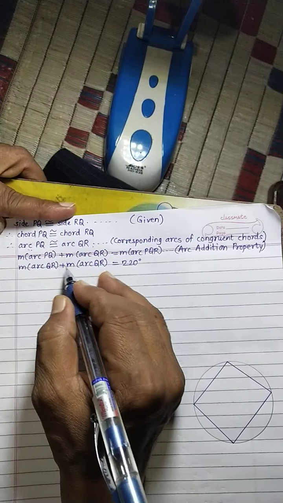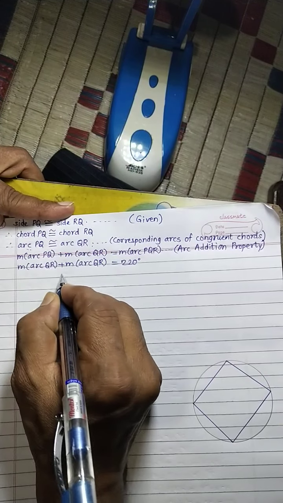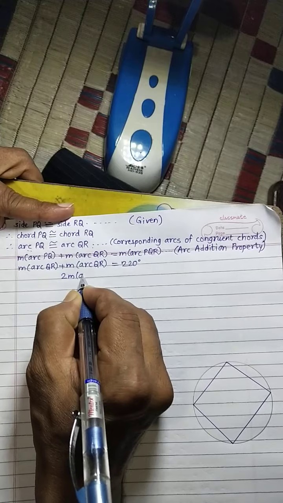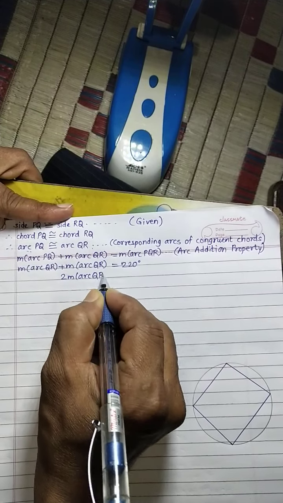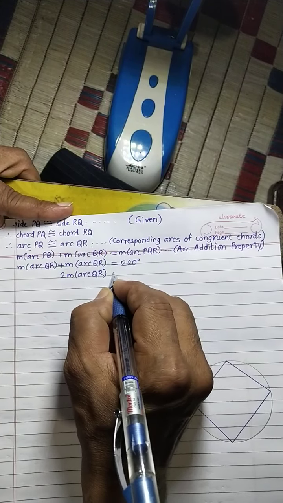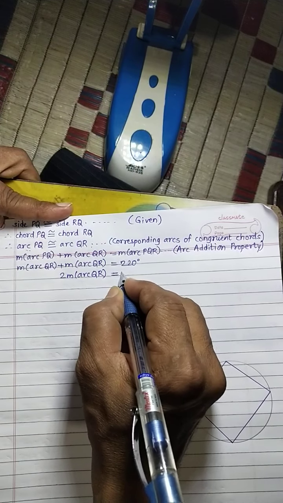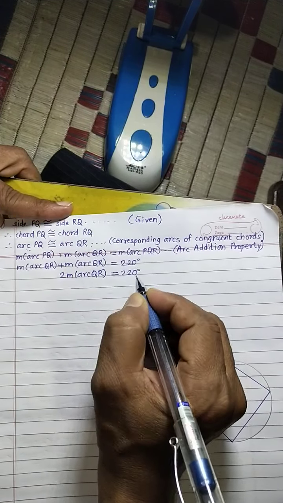So here the measure of arc QR plus the measure of arc QR is equal to 220. That is, 2 times the measure of arc QR is equal to 220.